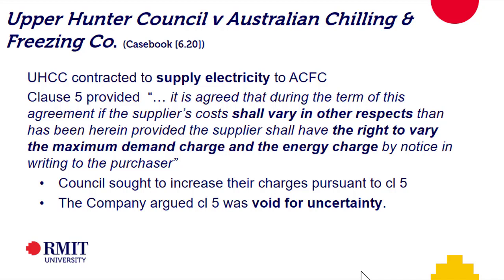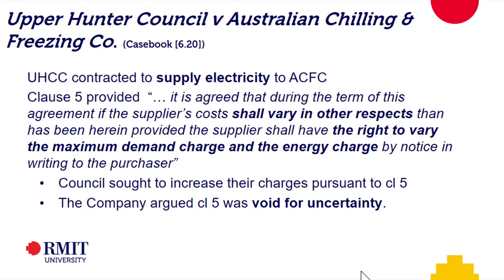So let's look at Australian Chilling and Freezing. So this is an electricity supply case. The council supplied electricity to Australian Chilling and Freezing. And clause 5 of the contract provided, and turn around so I can read it properly.